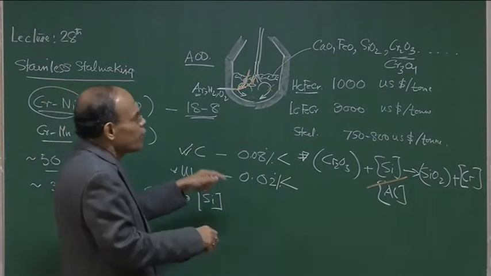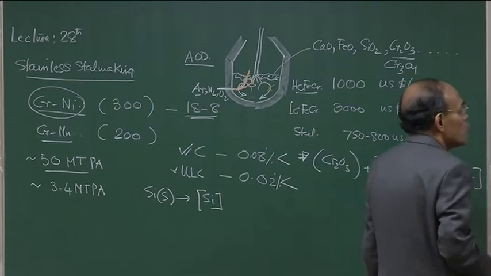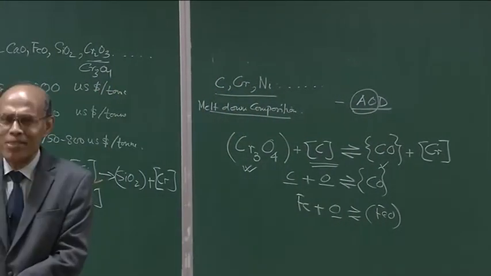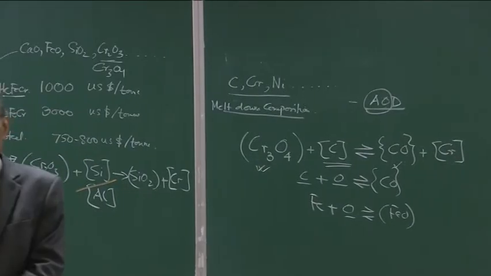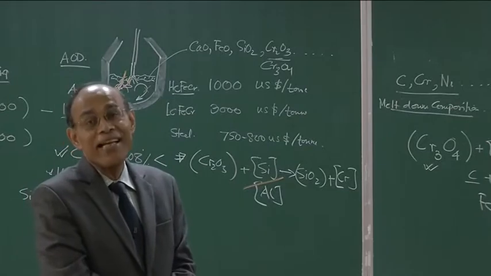So, in this high temperature process, using the dilution effect with argon, you can get to 0.1% carbon, 0.08%, 0.07% carbon, no problem, but getting below that is going to be really difficult.